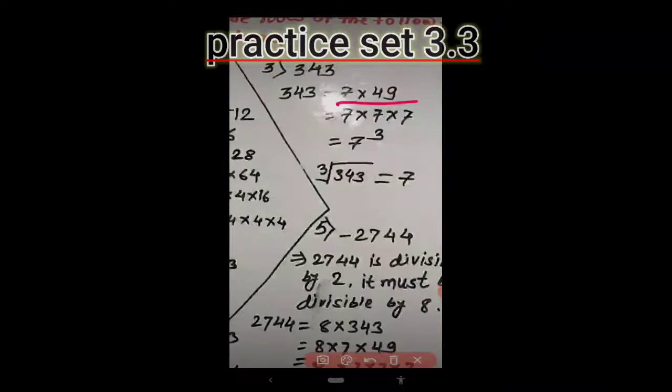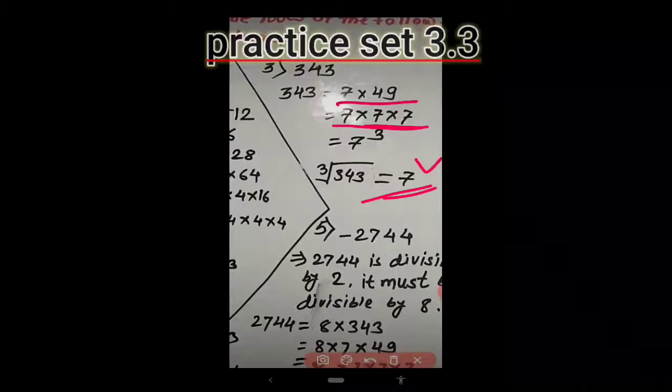Again 49 is split into 7 into 7, means 343 is written as 7 into 7 into 7. 7 is 3 times, that is 7 cube. So 343 equals 7 cube. When we take the cube root of 343, it is 7.